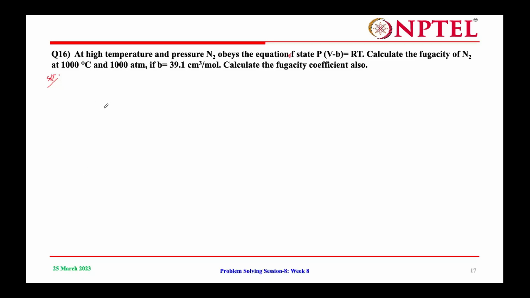So we know the relation for Gibbs energy at ideal condition: dG equal to RT d ln P, right? For an ideal gas. And for any state, dG equal to RT d ln f, right?